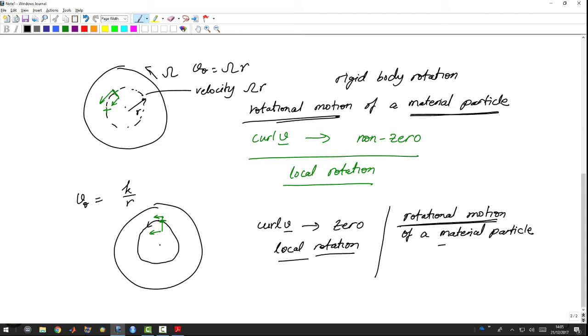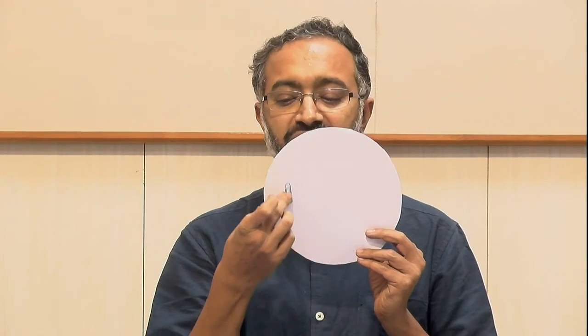Here also we have rotational motion of material particle, because in both cases we have v theta. So the material particle in general is moving in a rotational way, but the local object itself is not really moving. So if I were to embed the same clip object, what will happen to this object is basically it will not have any local rotation at all.